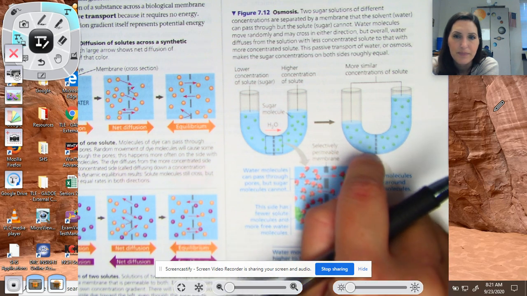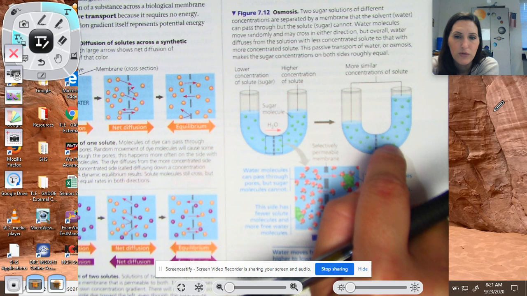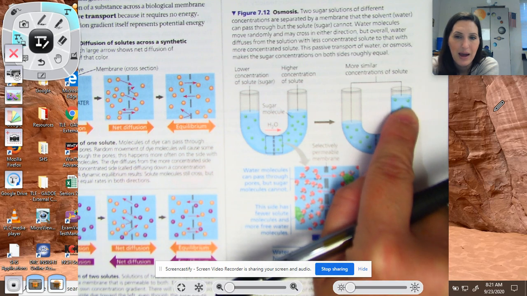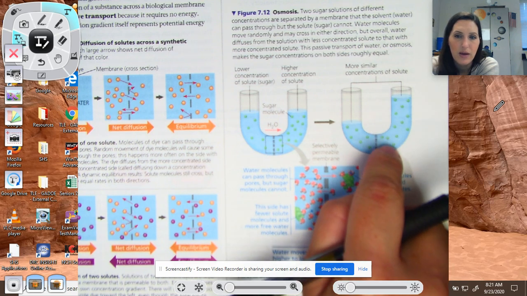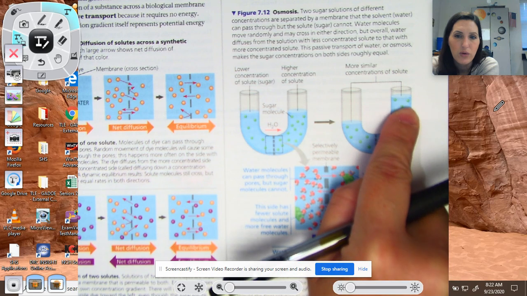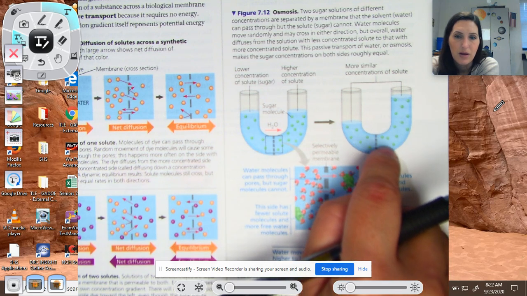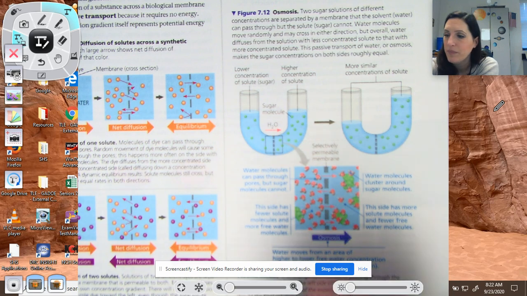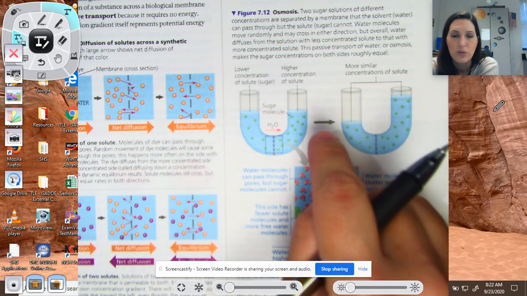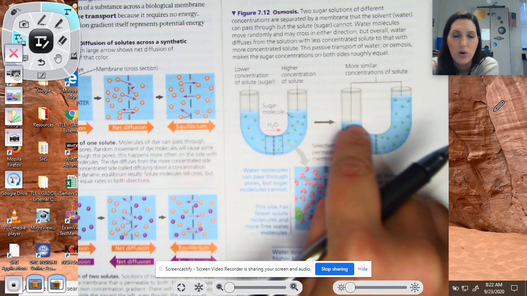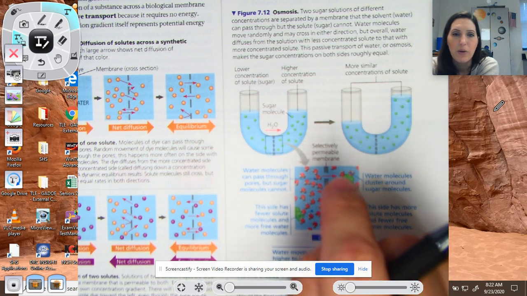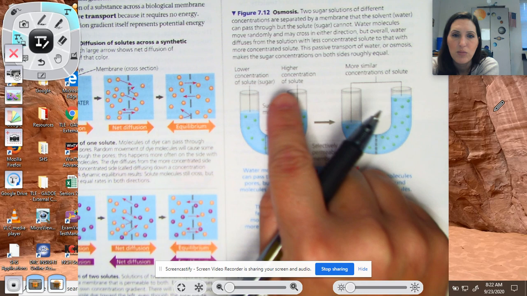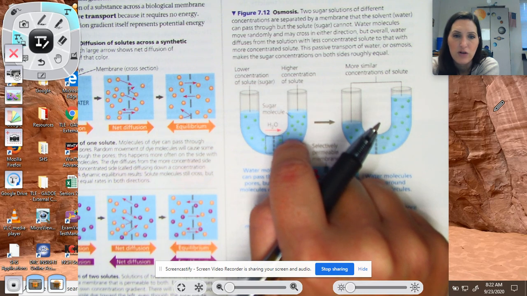Water will move so that it is balanced, so that the solute concentration is the same. That's when it reaches dynamic equilibrium. So these U-shaped models are often used to try to show where the water will move. So an easier way would say you move towards the high solute.